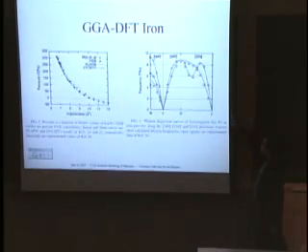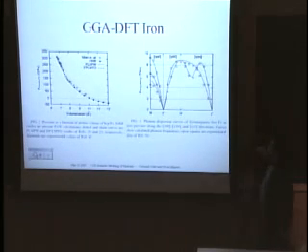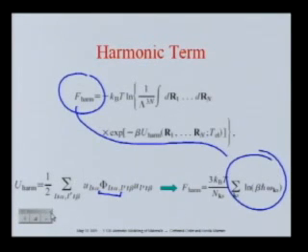In principle we have a continuum of frequencies, and we just need to integrate these curves, or sum over a coarse representation of them, to get the vibrational free energy, at least the harmonic term. And this is it. This is the first step.